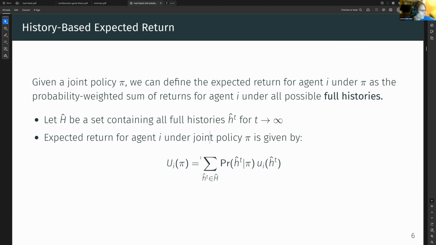But in this case, this is looking at the probability of all of the histories going forward, because the policy in general is going to depend on the full history. We can't just look at all of the future state transitions that could happen like we would in normal reinforcement learning. We have to consider this whole probability of histories that it will experience, because these histories, including the behavior of other agents, will affect how the agent we care about responds to everything.